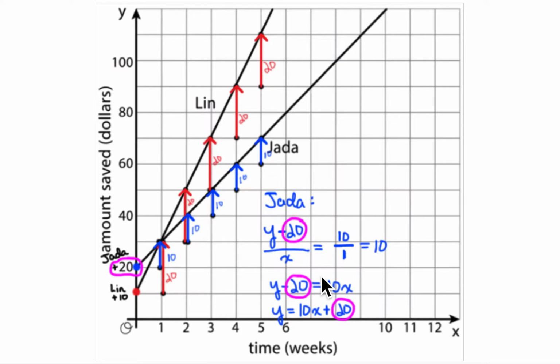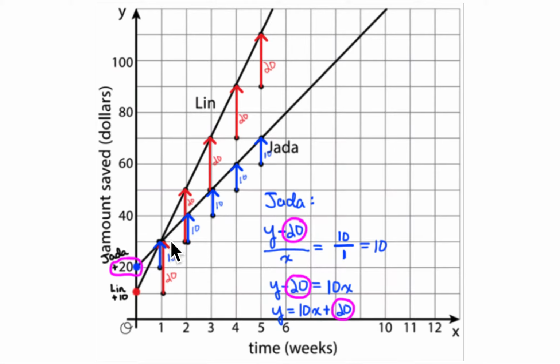So what does that mean? It means that the amount of money that she has in the vertical direction, you have to subtract the 20. That is going to be 10 times the number of weeks because she saves $10 each week. So the total amount of money she has, minus the beginning $20, is going to be 10 times the number of weeks, again, because she saves $10 per week.